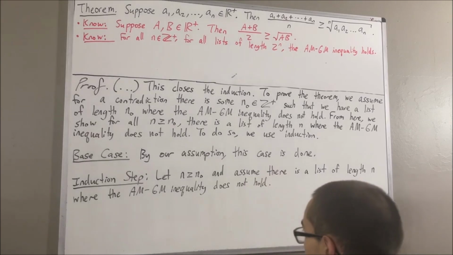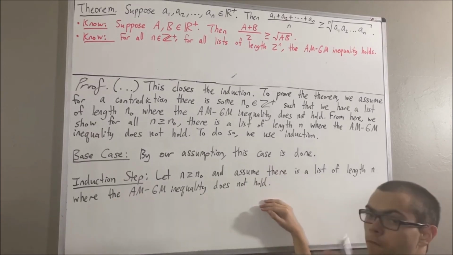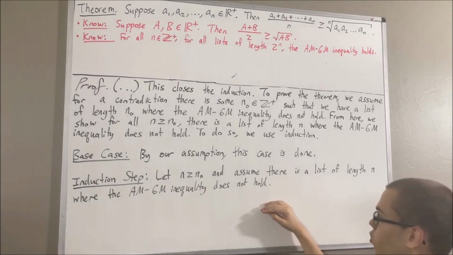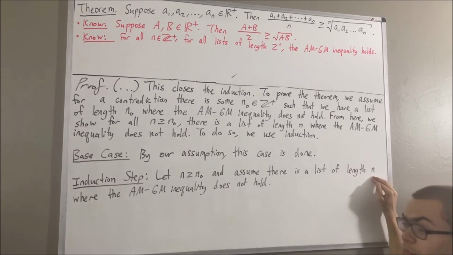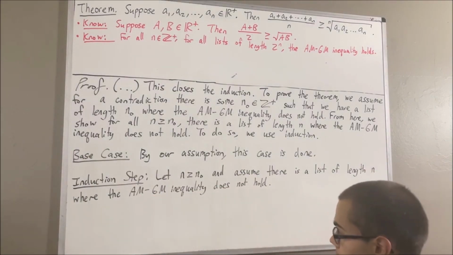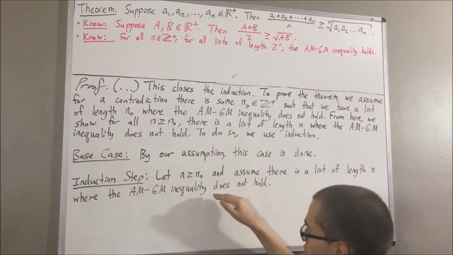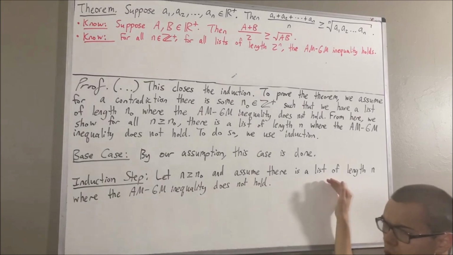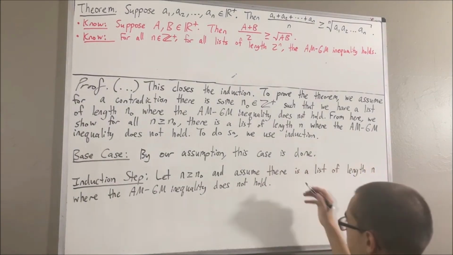And the whole goal of the induction step is to show that this is also true for n plus 1. That is, we want to show that there is a list of positive real numbers of length n plus 1 where the AMGM inequality does not hold. Well, since we know that there is a list of length n where the AMGM inequality does not hold, let's call that list a1, a2, all the way up to an.